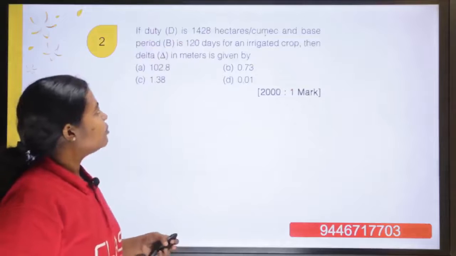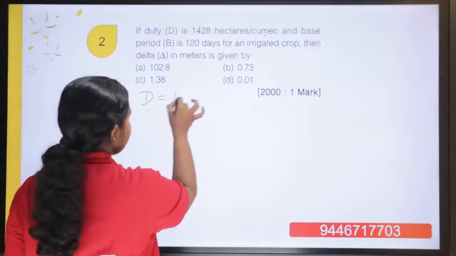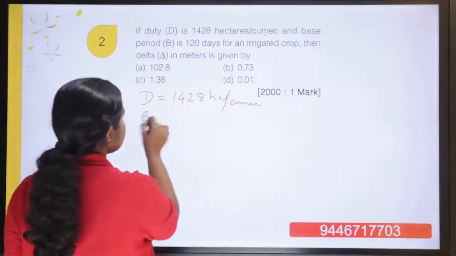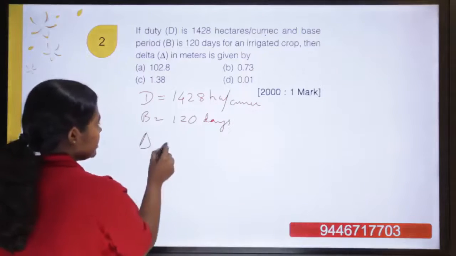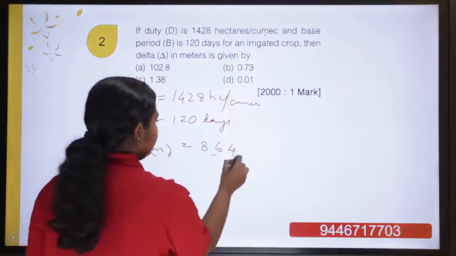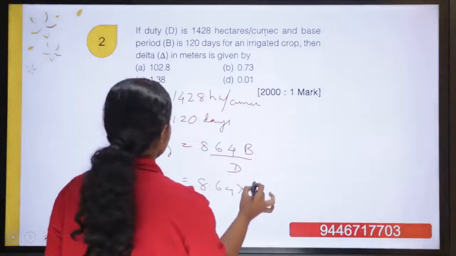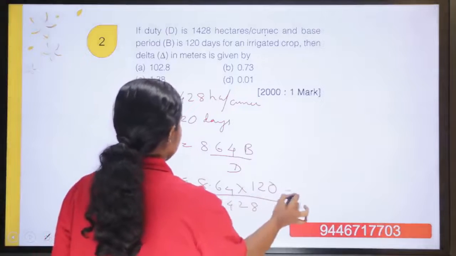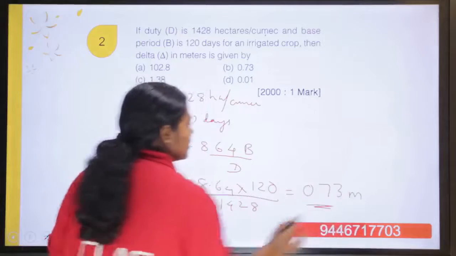Next question. If duty is 1428 hectares per cubic meter per second and base period B is given as 120 days for an irrigated crop, then the delta in meters is given by 8.64 B by D. So if we substitute 8.64 into B is 120 by D is 1428, then we will get the value of delta in meters as 0.73 meters.